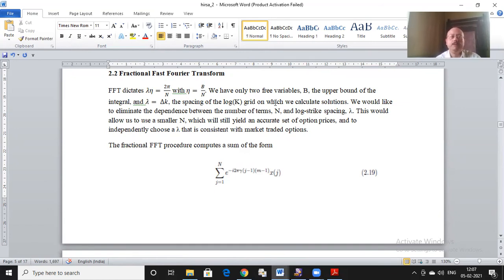So as soon as we choose n, eta is fixed and then lambda is fixed. So with only b and n, we are done. So with b and n, both eta and lambda are now fixed. So the whole spacing of our log strike price grid will be determined immediately as soon as we choose the upper bound and the n.